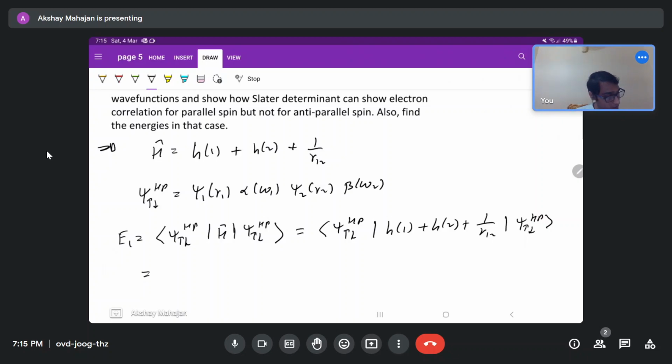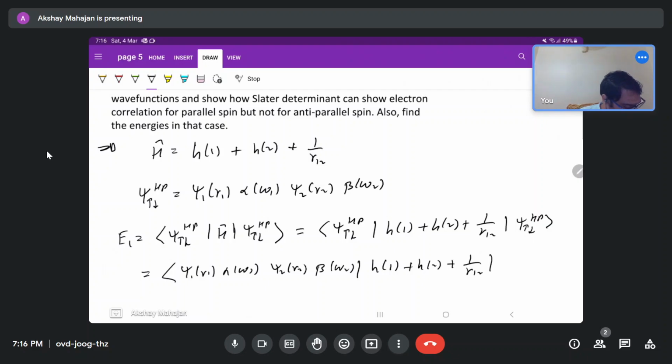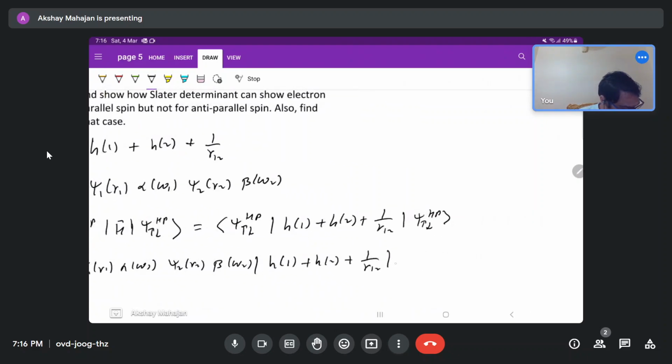Let me write it as psi1(r1) alpha(omega1) psi2(r2), and here anti-parallel, so we will have beta(omega2), h(1) plus h(2) plus 1 by r12. Similarly, I will have psi1(r1) alpha(omega1) psi2(r2) beta(omega2).